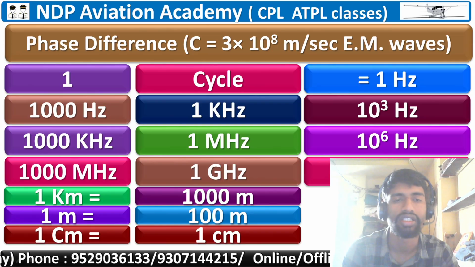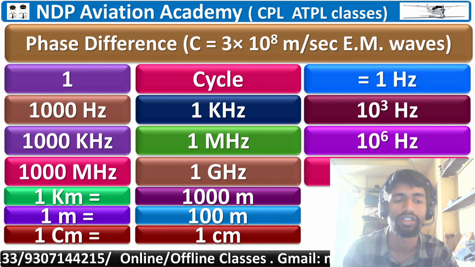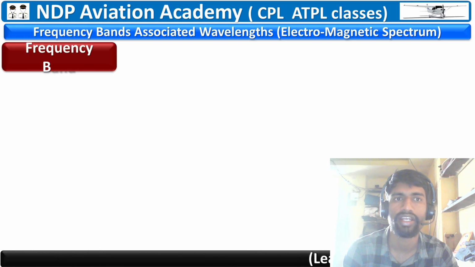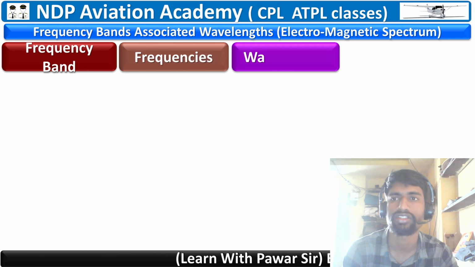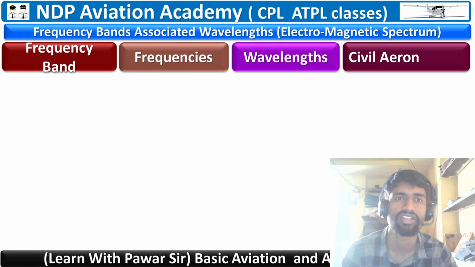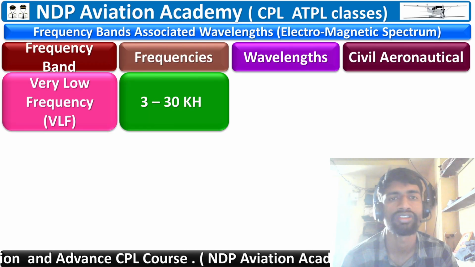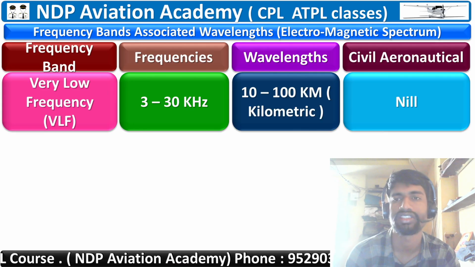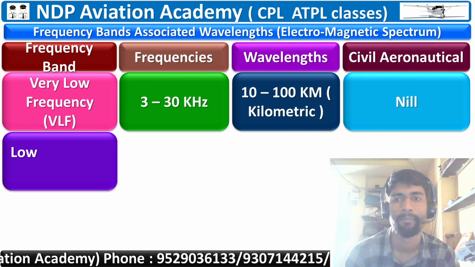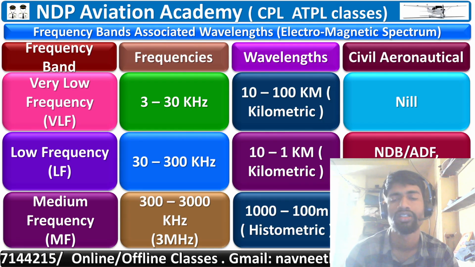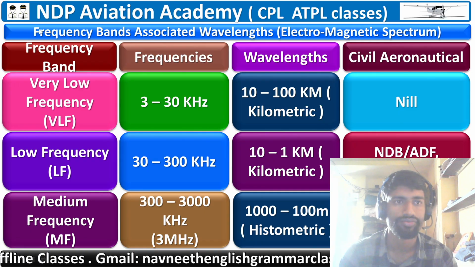Next, one by one, we are going to see the frequency bands, the associated wavelengths, and the electromagnetic spectrum. We are going to learn all of these things, each and every frequency. Which frequency do we use in aviation? I will tell you.